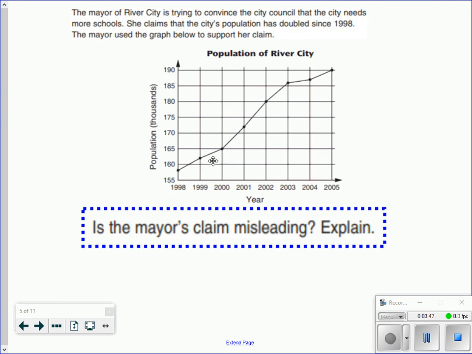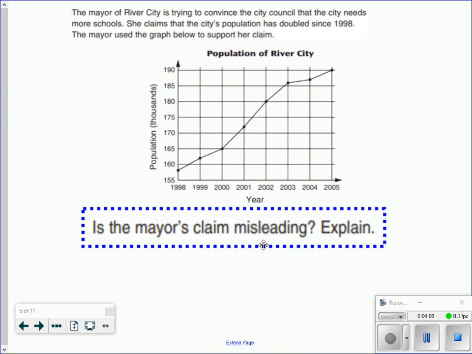Then in 1999, it goes up to 162,000. 2000, it goes to 165,000. 2001, about 172,000. 2002, 180,000. 2003 is at 186,000. 2004 is at 187,000 maybe. And 2005 all the way up at 190,000.